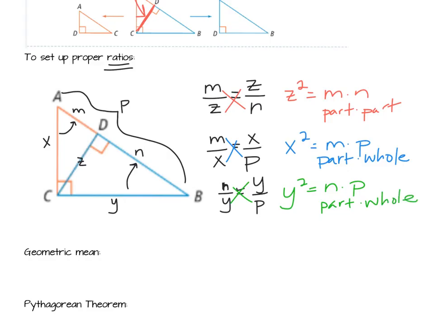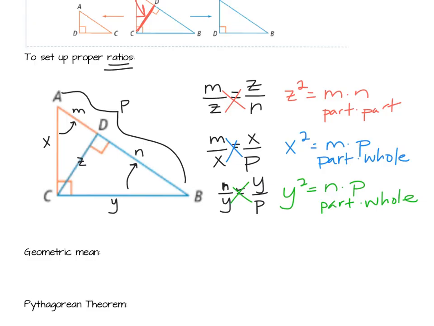Now, these are the definitions we're going to want to memorize. On each picture that we work with, we're going to label them with all of those variables. And our goal is to find one of those three formulas to use, and then we'll be able to solve for our missing variable.